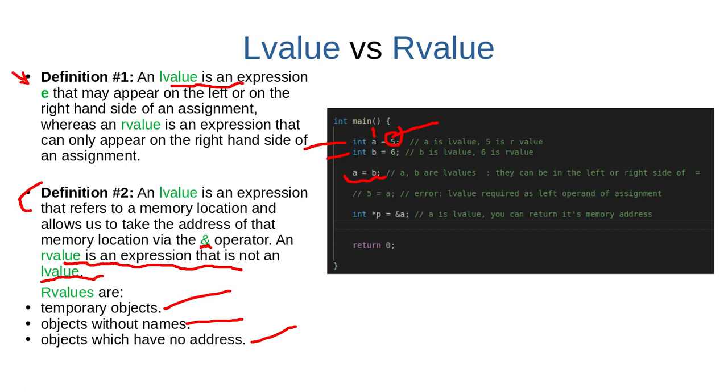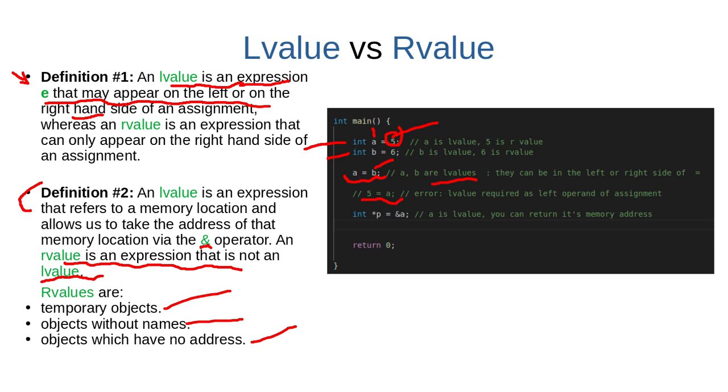So a and b are lvalues, even though you see b on the right side of the assignment operation, and this does not contradict definition 1, which says an lvalue is an expression E that may appear on the left or on the right. In this case, b is on the right, but it still is an lvalue.